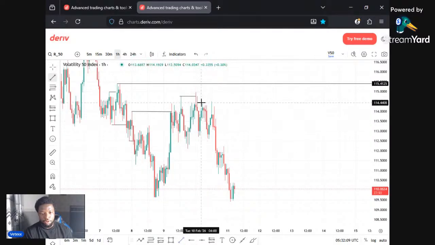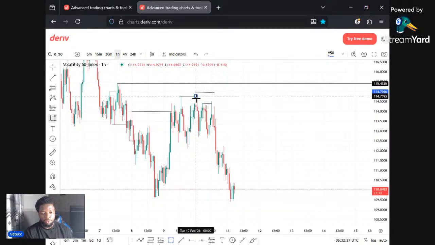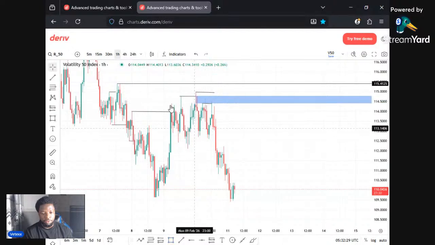We had our structural liquidity, which was this. So price took it out, and then we had this as our protected high. So this becomes our point of interest, and this was our break of structure.